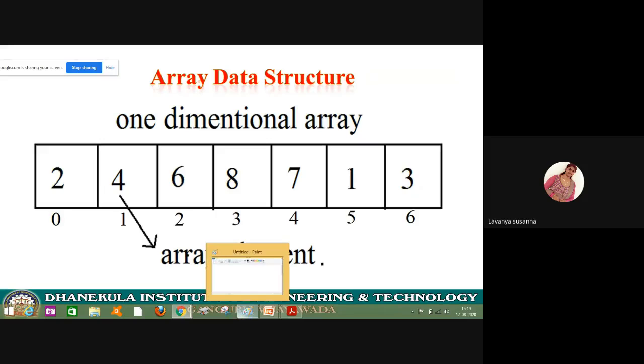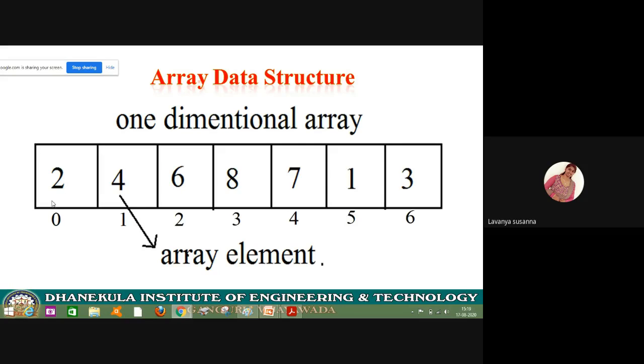Array data structure. See the diagrammatic representation of array data structure. Here, a linear one-dimensional array is used. Linear array means one-dimensional array. The elements are in sequential order, right?